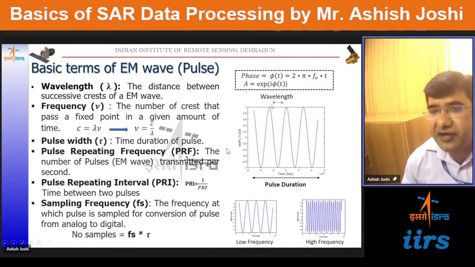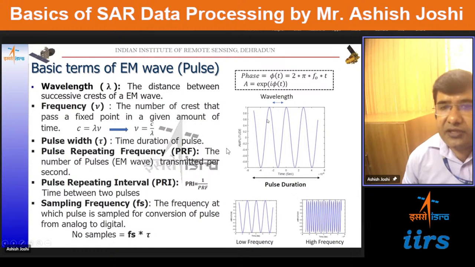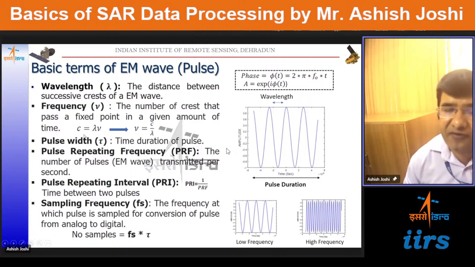What is the wavelength? Wavelength is the distance between two successive troughs or two successive crests. And the time duration of this pulse is called the pulse duration, or the pulse width. And frequency is the number of crests that pass a fixed point in a given amount of time.